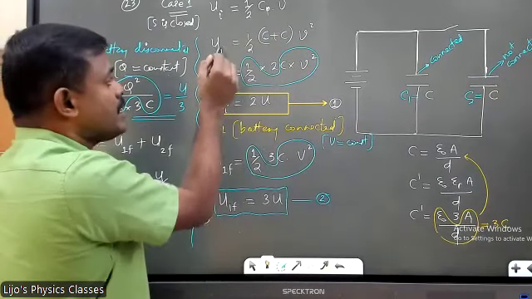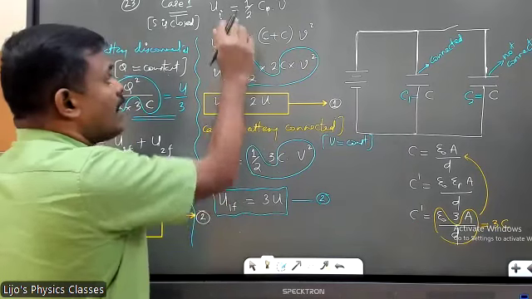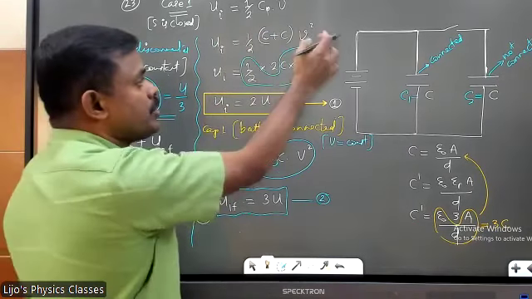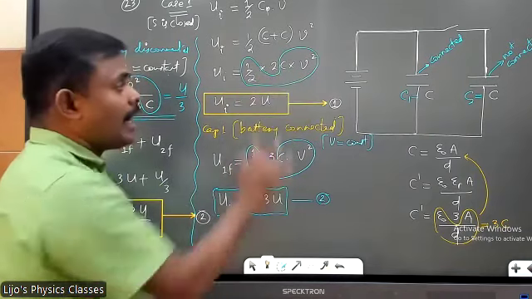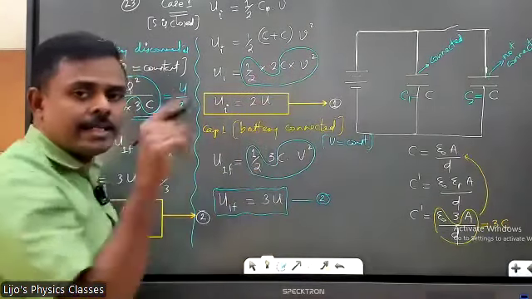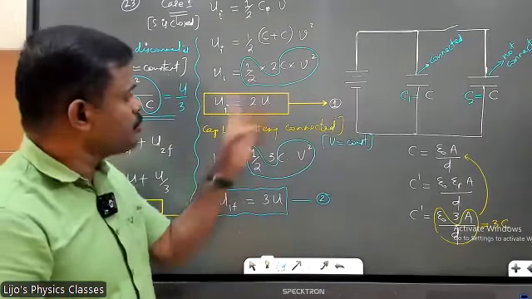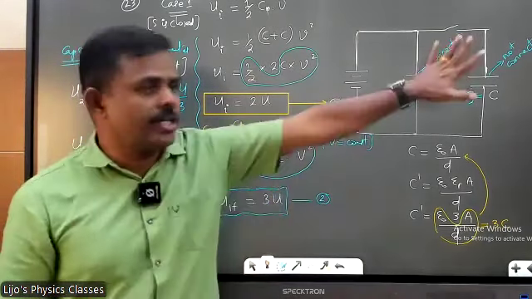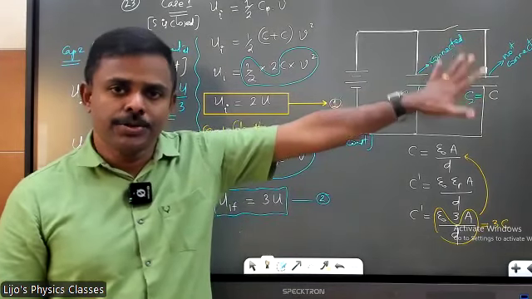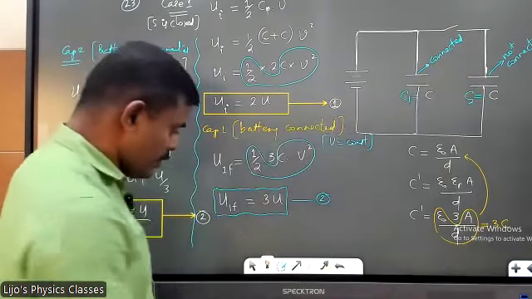So energy initial is equal to half into C1 plus C2 into V square, that is half into 2C into V square. I call half CV square by the name U. So that makes it 2U. I got my first major equation: the initial energy of the combination is 2U.